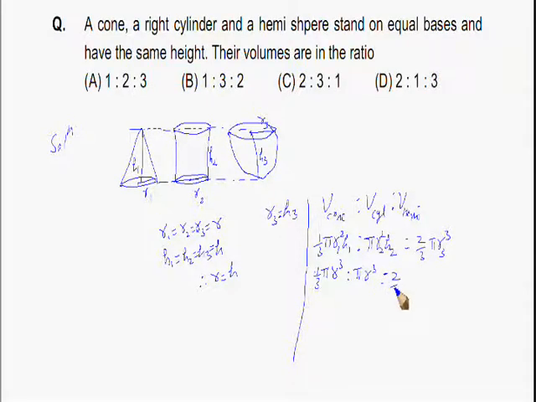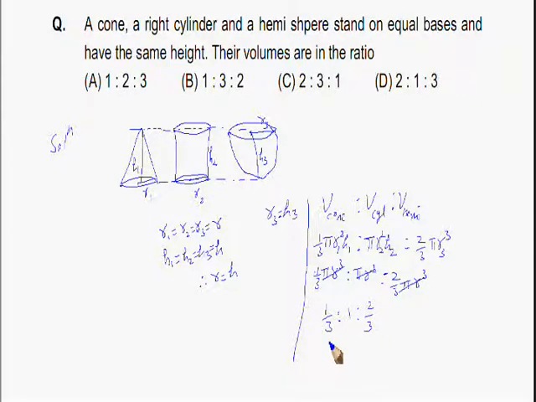Again here for r3 we put r, so we are getting 2 upon 3 pi r cube. From these three, pi r cube is common, so we can cancel out pi r cube. So we are getting the ratio 1 by 3 is to 1 is to 2 by 3.